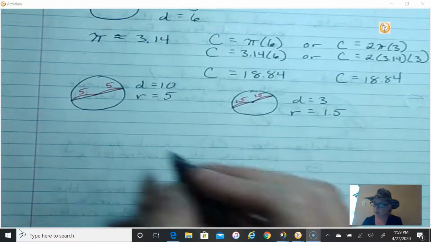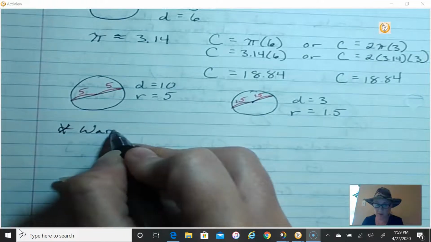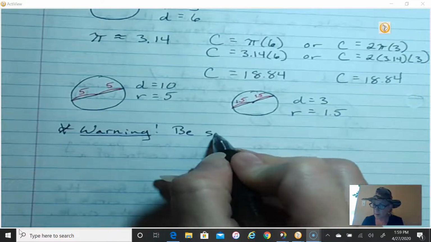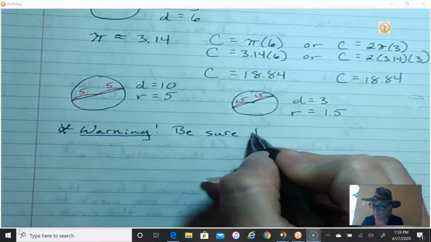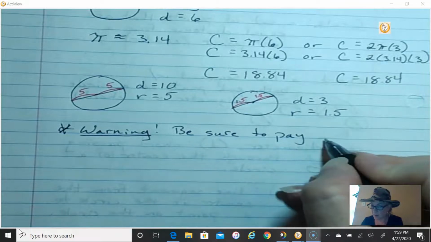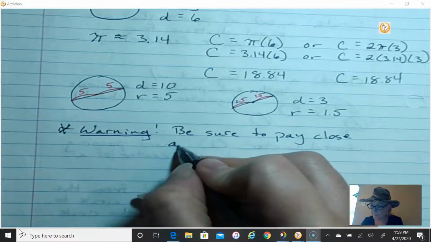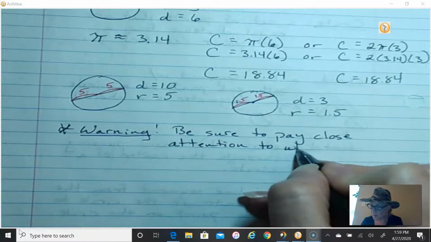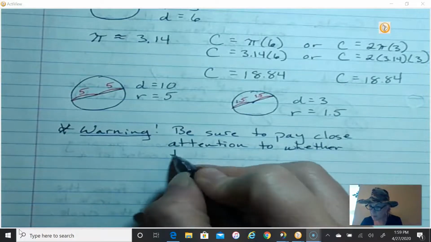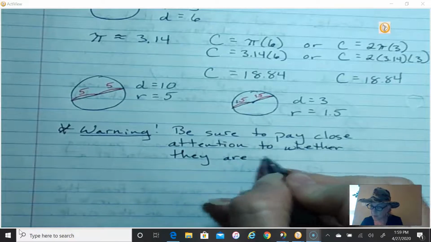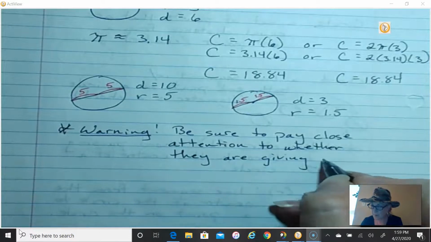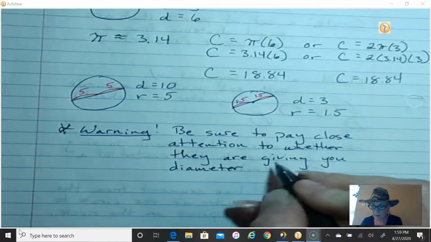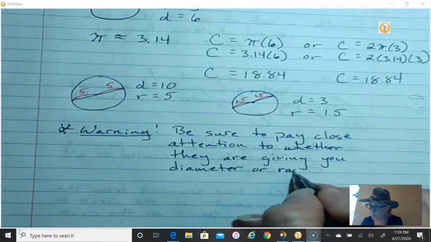All right. Real quick, I'm going to write down my warning that I do every year. Be sure to pay close attention to whether they are giving you diameter or radius.